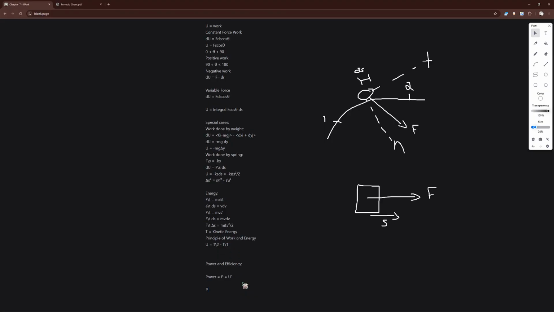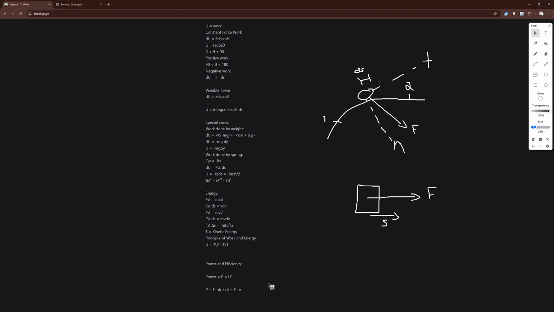So that gives us that P is equal to F dot dr over dt. Now, what is dr/dt? Well, dr is the path, right? So dr/dt is just velocity. So this is equal to F dot velocity.